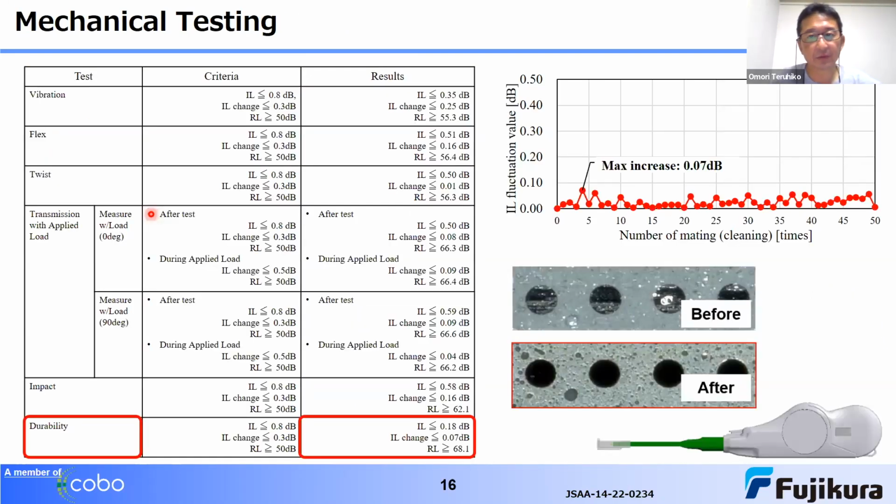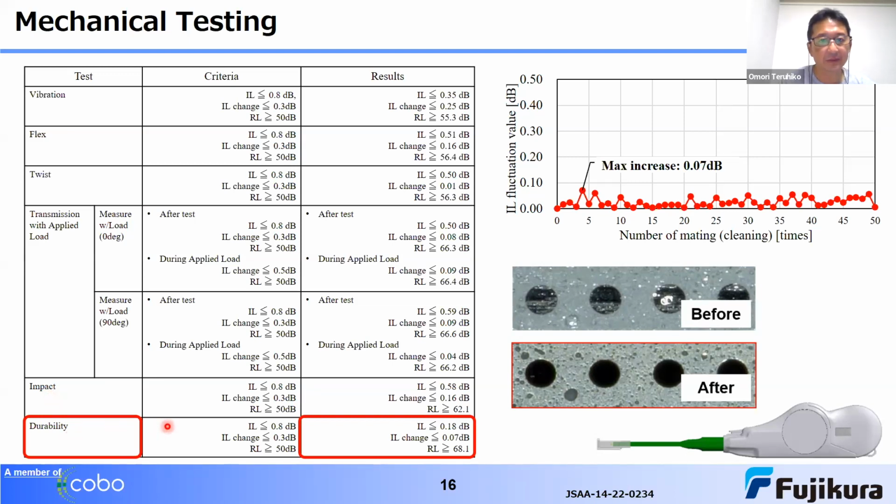And also, these are the mechanical testing results. We did vibration, flex, twist, and transmission with applied load, and the impact and durability.